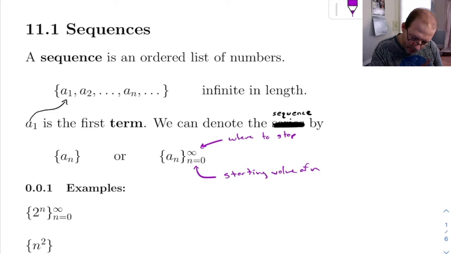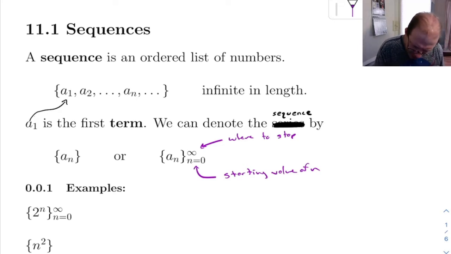But if these aren't given to you, then they're usually apparent by context. Most of the sequences that we deal with are going to be infinite in length, so this is almost always going to be infinity. And the starting point is usually going to be 0 or 1, but sometimes it'll be specified to be 2 or some other number, because usually that's because plugging in n equals 0 or 1 causes some kind of problem.